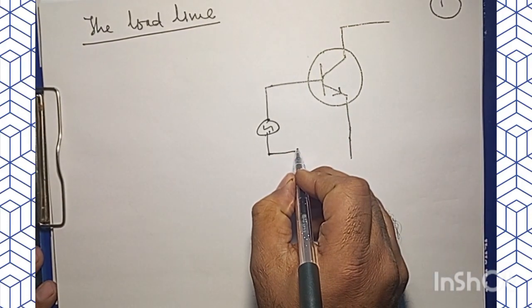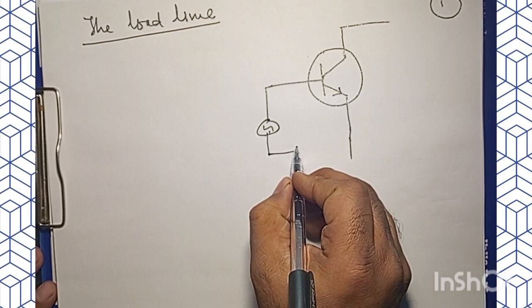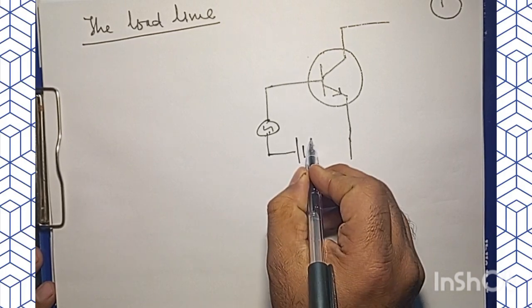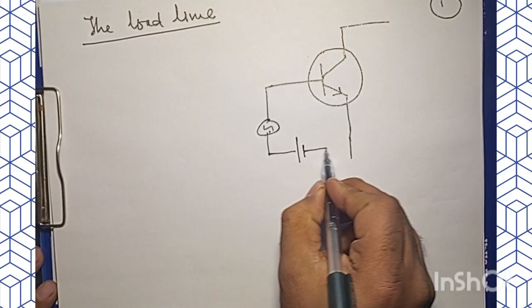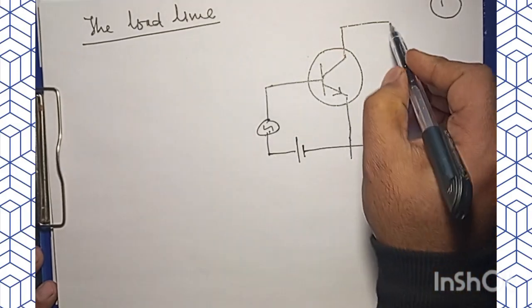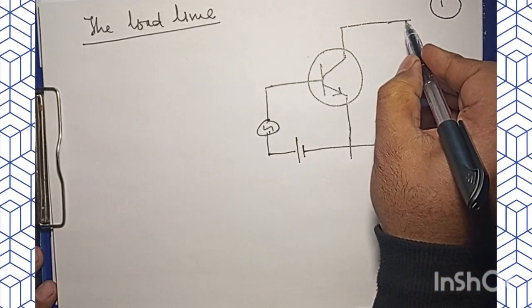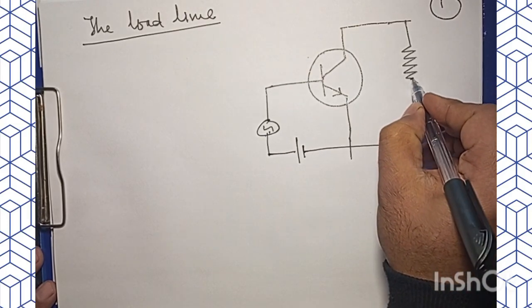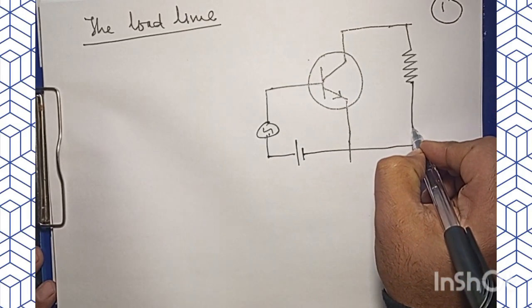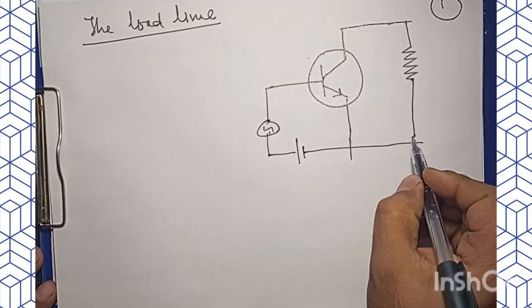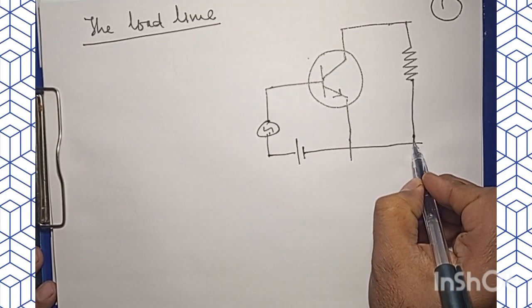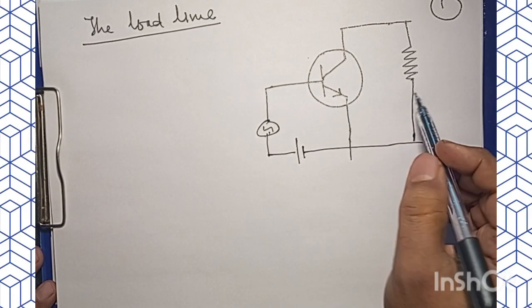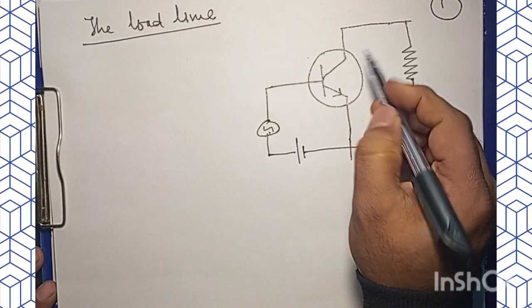So here we will have the positive, negative, and we'll go here in this direction. Then we will keep the load RL, okay, and then we need a VCC, so this has to be reverse biased.